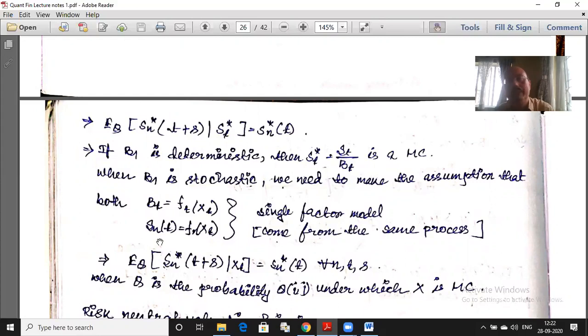Some of you will immediately ask me, how can this be true? There are so many stocks and so on. How can the same force work on all of them? So indeed, it is a very strong assumption. This is called a single factor model assumption. But if I am okay with the single factor model assumption, then even for a stochastic bank process, I have the same transferring of the Markov property. Otherwise, it may not be true with a stochastic bank process.